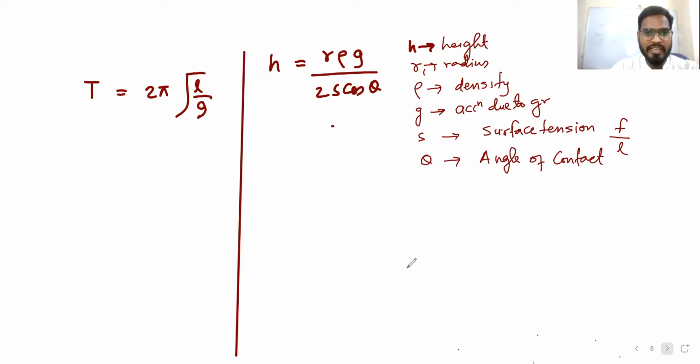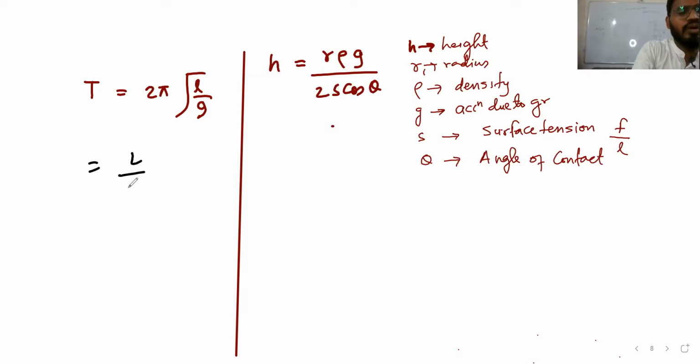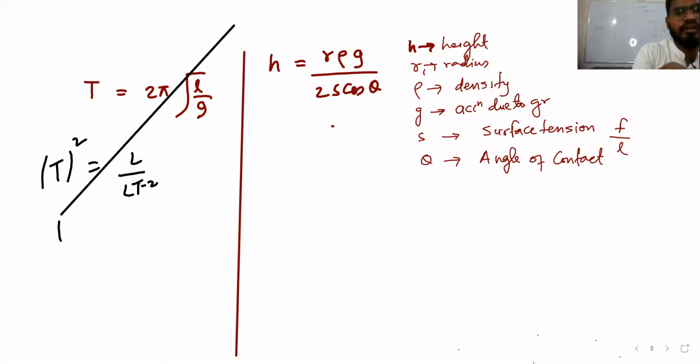Let's say time period. Time period is equal to 2 pi root L by g. 2 pi is anyway constant. L is what here? Length, L. g is LT minus 2. If you take the square here, then T square equals L by LT minus 2, L and L cancel out.